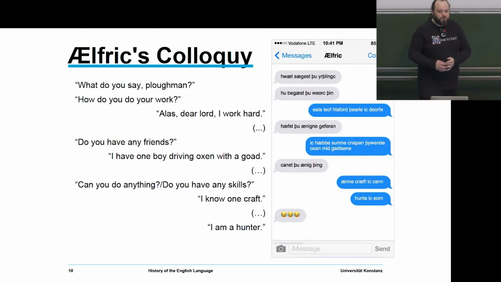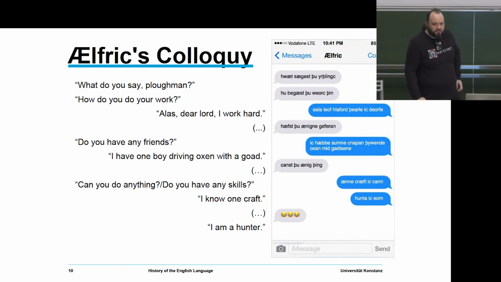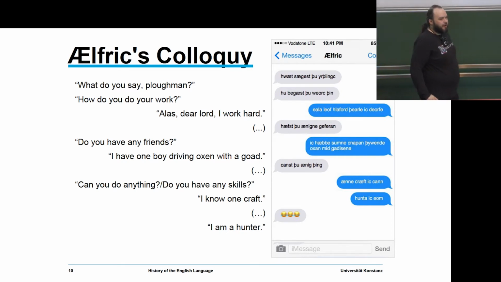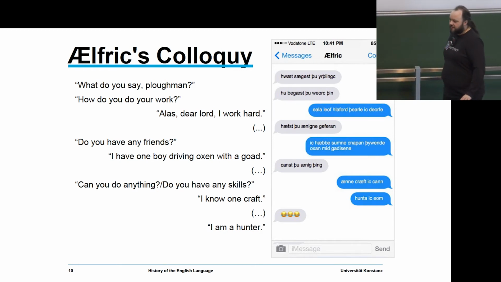So here are some examples of verbs in actual usage. I went to great effort to get this authentic screen capture from someone's Anglo-Saxon phone. But this is a text from Alfred, one of the most famous Old English writers.